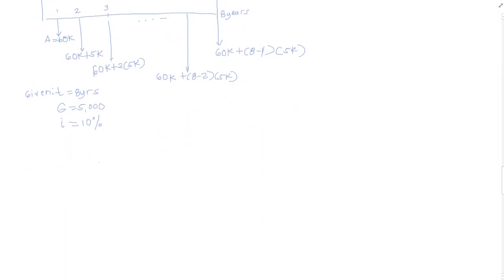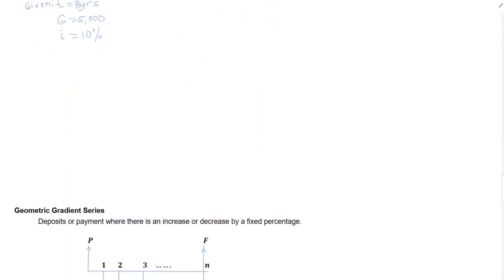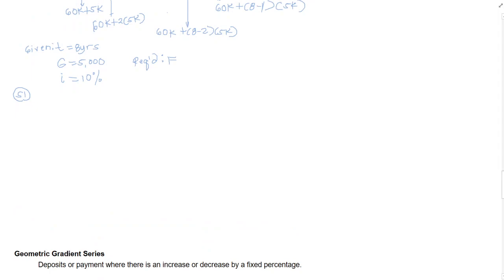So if we are going to use solution 1, we are required to get the future worth. So for this one, let us have the formula: F is equal to A, that is the installment, multiplied by (1 plus i) raised to n minus 1 divided by i.